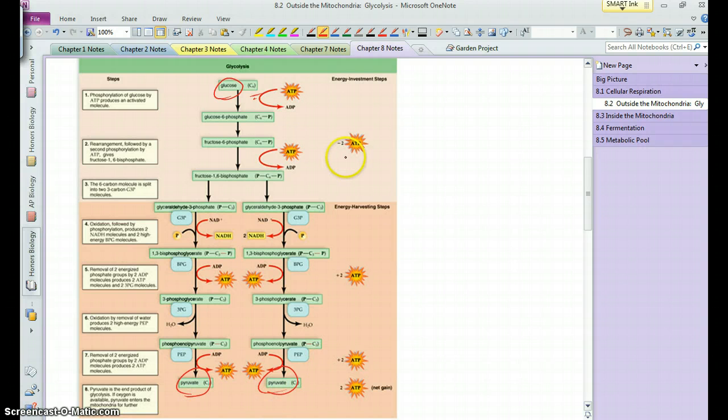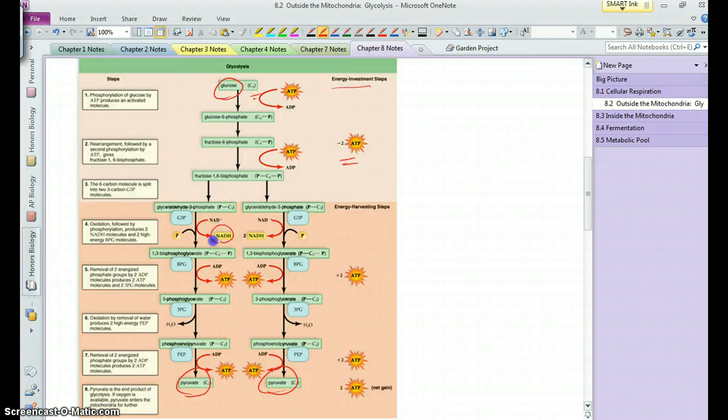Notice that we have to make use of a couple ATPs to get this process started. This is what's known as the energy investment steps, where we energize the system, and then we quickly break it down into 2 different molecules. G3P, we saw that in cellular respiration, glyceraldehyde 3-phosphate, and then finally into 2 pyruvates.